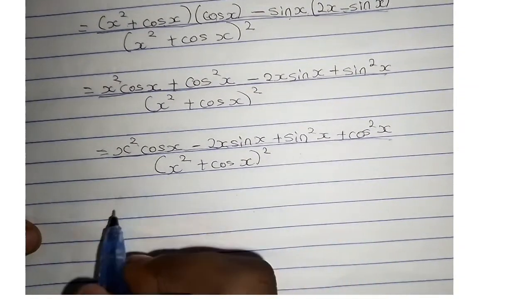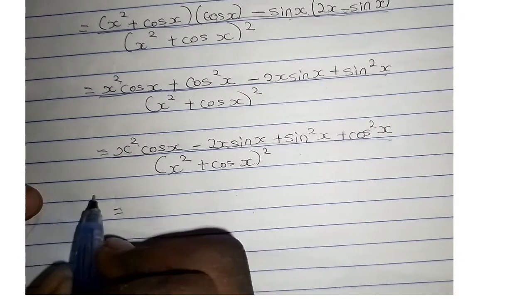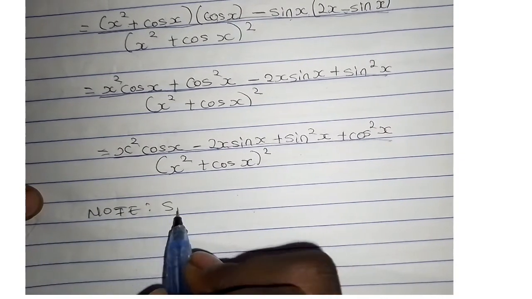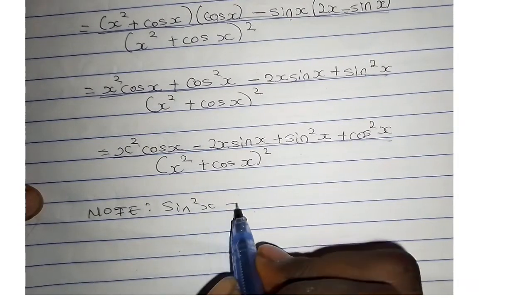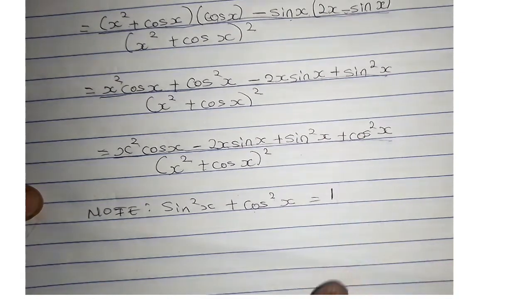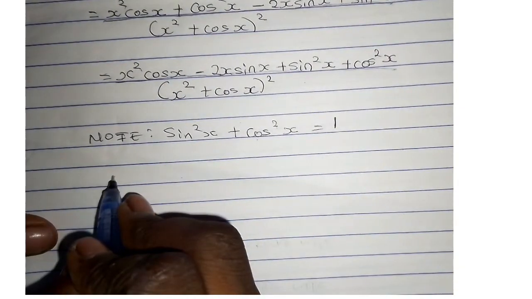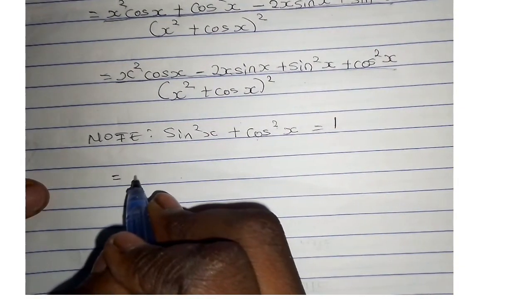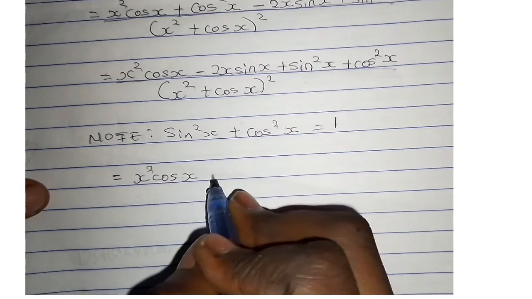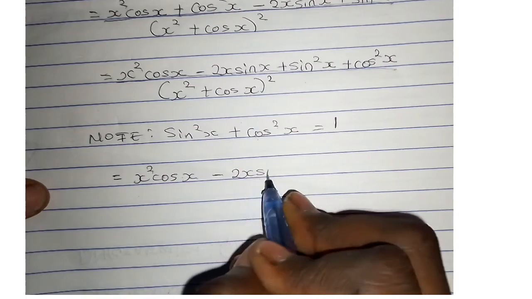Now we have to note that sine squared x plus cos squared x is equal to 1. So we're going to have x squared cos x minus 2x sine x.